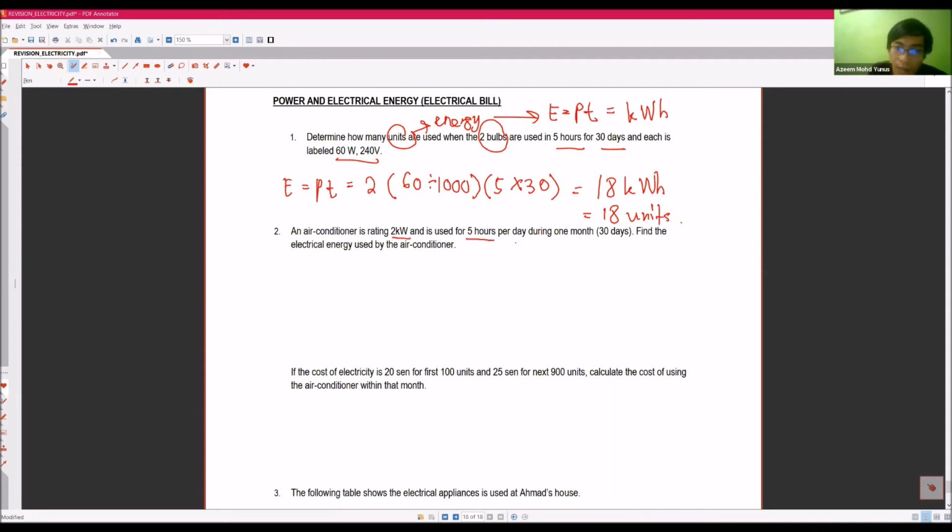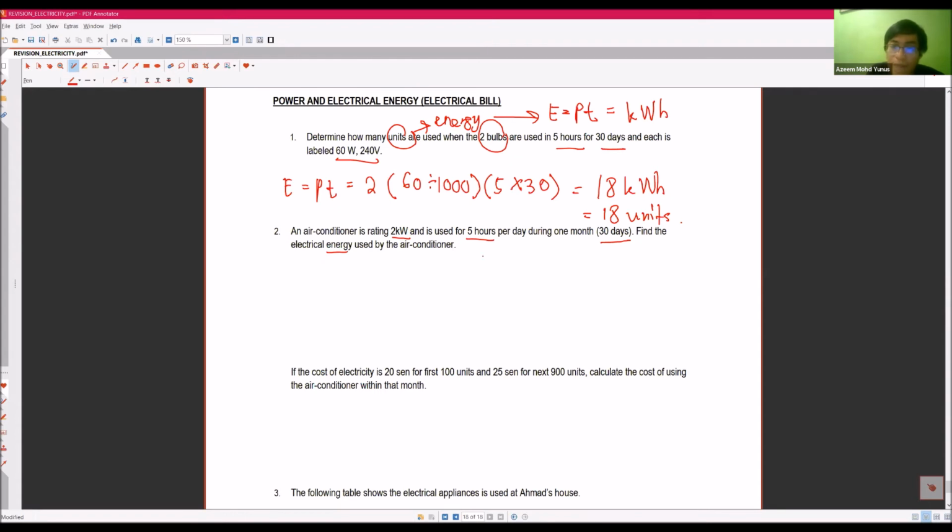For 5 hours for 30 days, find the electrical energy used by the air conditioner. It doesn't state the units or the cost, but we assume that the air conditioner here is used for the defined unit for us, which is in kilowatt and hours.